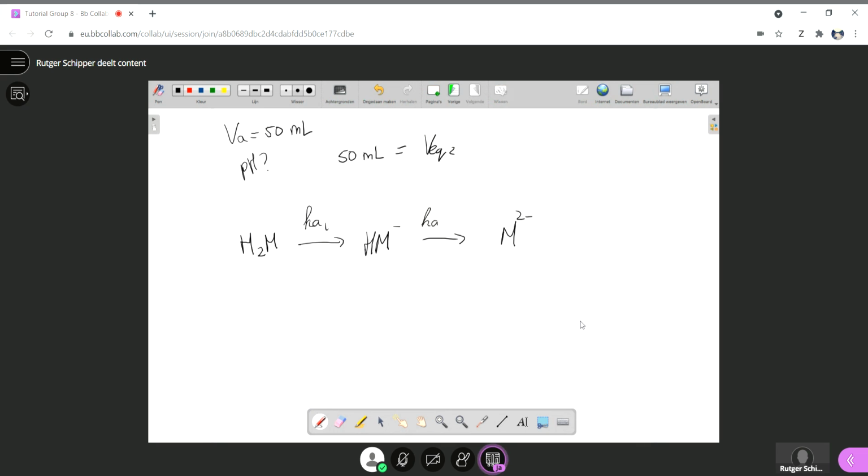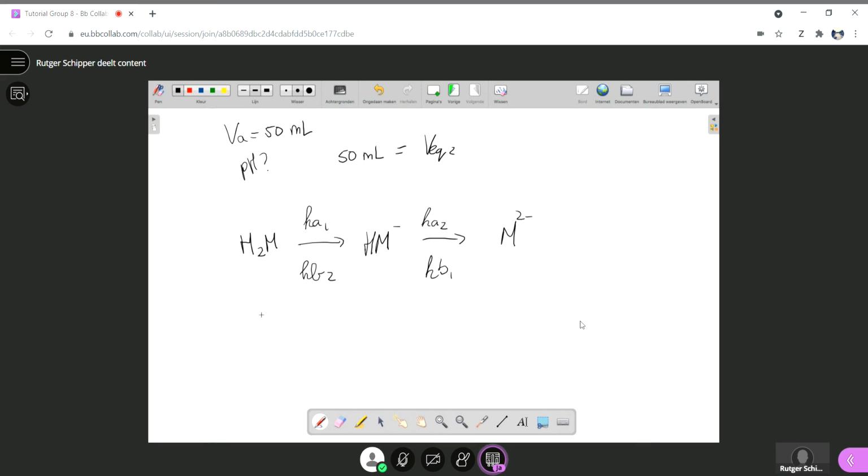This is the Ka2. So this obviously means that this must be the Kb1, and this the Kb2, right? Because the first proton it can accept is according to the first base constant, and the second proton it can accept is according to the second base constant. So they are in relation to each other.